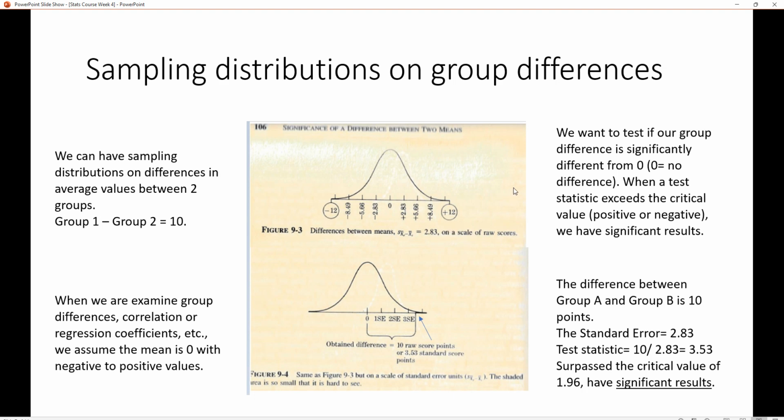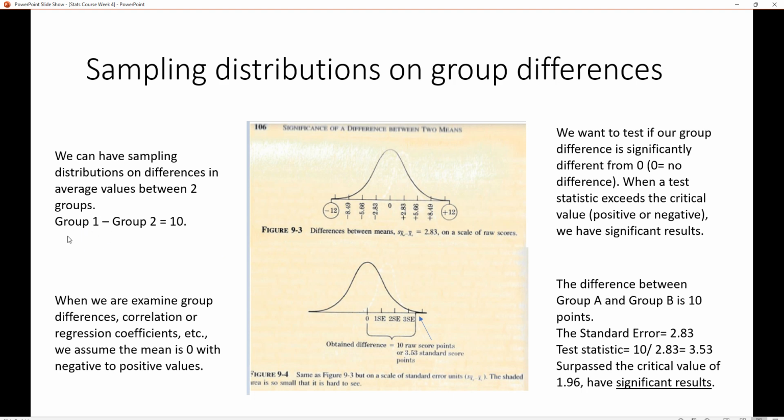We want to test if our group differences are significantly different from 0, where 0 itself equals no difference. When a test statistic exceeds the critical value, positive or negative, because we can have positive or negative group differences. It depends on which group has the higher value.